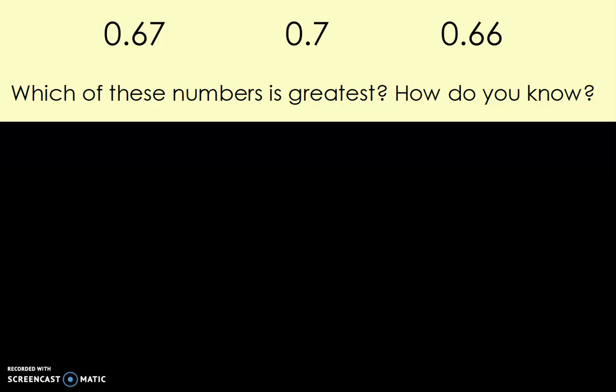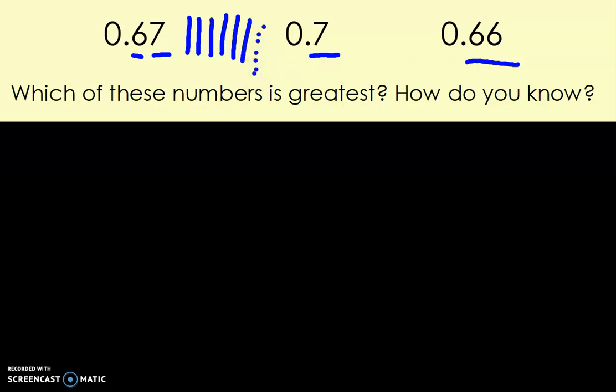Let's think. Well, I see this number has a 7 and this number has a 7 in it, whereas this only has two sixes. So I can think about when I make the decimals, this would be 6 rods, and then 7 little units.